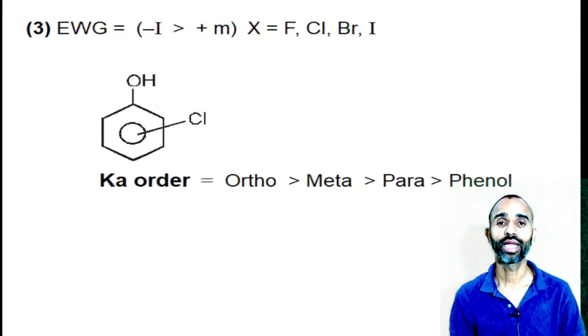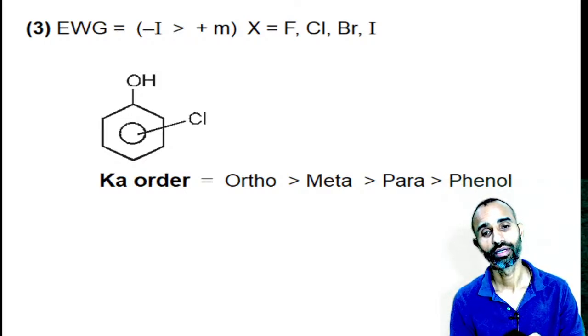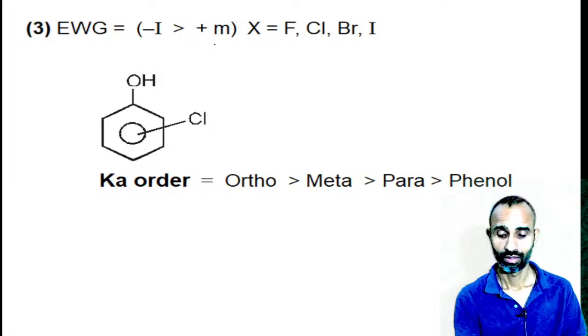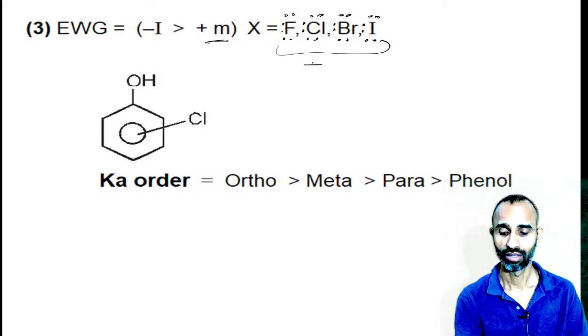Now again electron withdrawing effect, there is minus I effect and plus M, because fluorine, chlorine, bromine, iodine all have lone pairs. So whenever the atom directly attached to the ring has a lone pair, that has plus M, or we can say plus R effect.